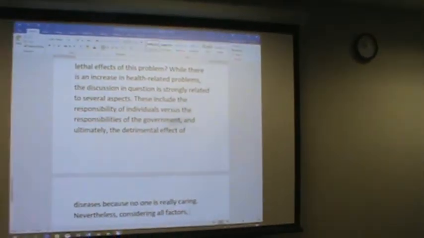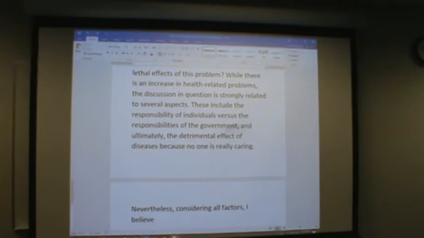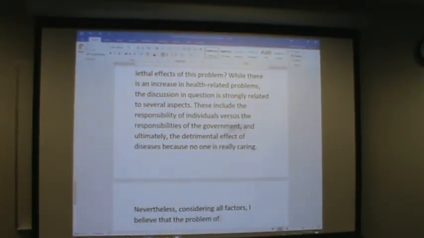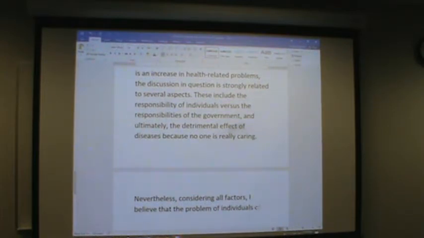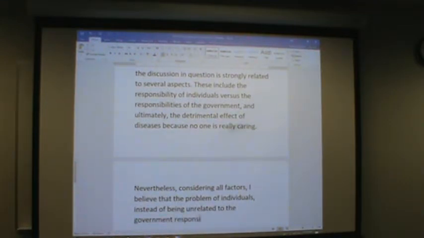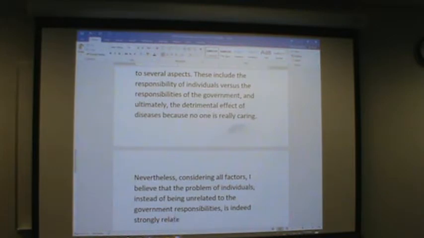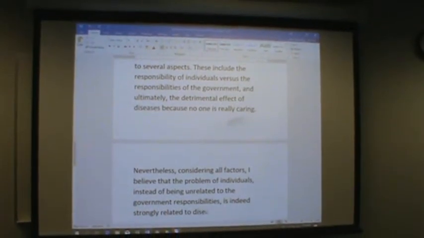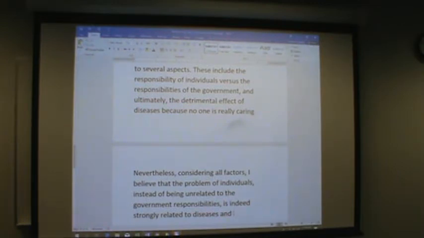Considering all factors, I believe that the problem of, let's say, okay, individuals can also, individuals, instead of being unrelated to the government responsibilities, is indeed strongly related to diseases and, Marcella, that's your word right here.